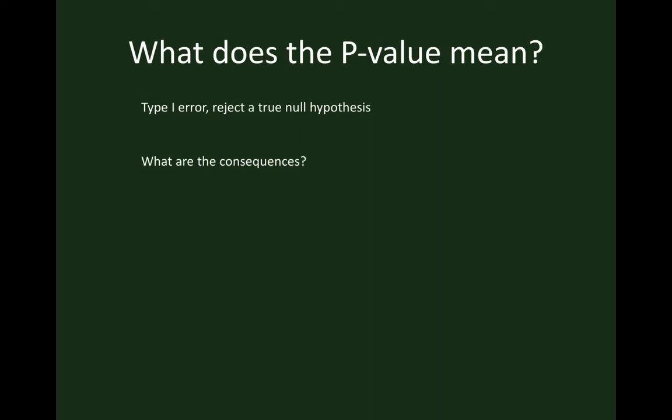If we're talking about playing craps in a casino and the pit boss at the table suspects that the dice are loaded, they're just going to grab the dice and throw them away and put a new set of dice out there. The consequences in that context, really no big deal.